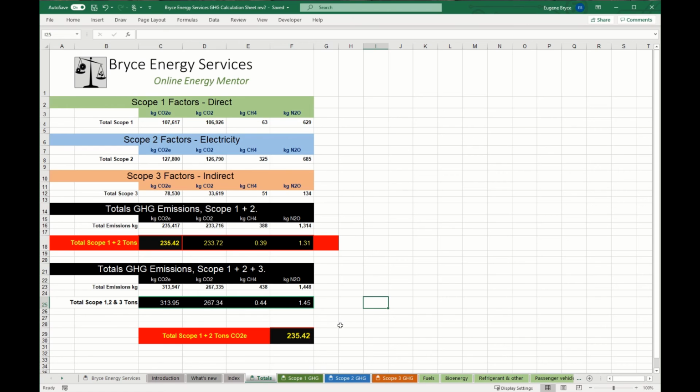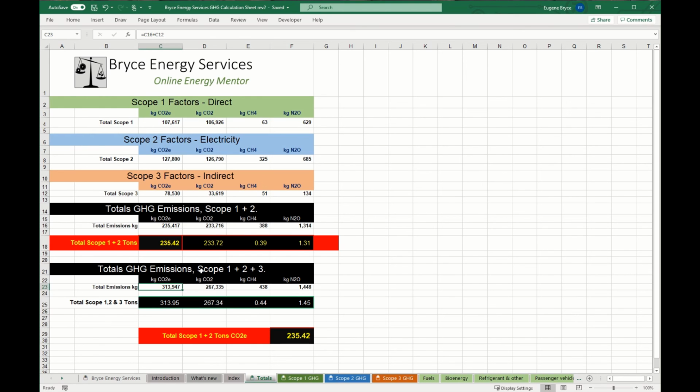So totals, again, that's just carried through. Total greenhouse gas emissions for scope 1 and 2 in kilograms, and then total for scope 1 and 2 in tons. So this example business has CO2 equivalent emissions in tons of 235.42, this number here. And that is what the business is directly responsible for, taking into account upstream and downstream carbon emissions related to the business but not its responsibility.